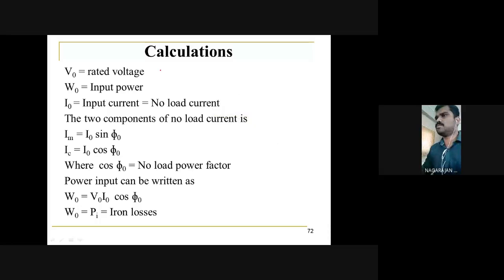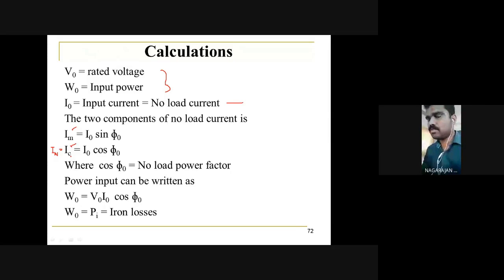Rated voltage of the transformer, input power, and no load current. This no load current has two components, as I told you in the earlier classes. One is the magnetizing component, and the other is the working component or core loss component. In some books they mention it as the working component, or wattful component; it is given different names, so don't get confused.